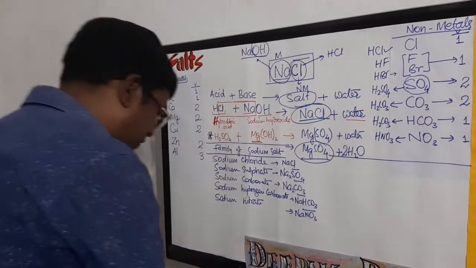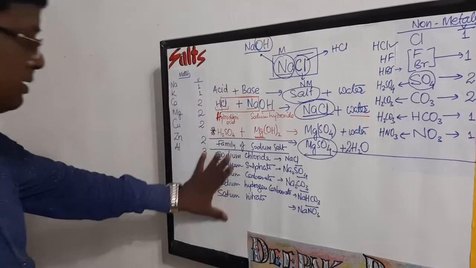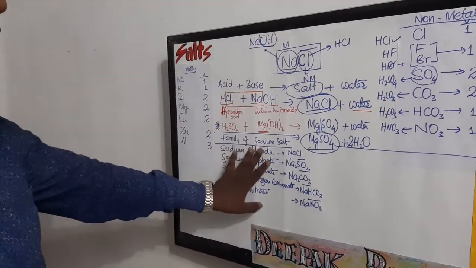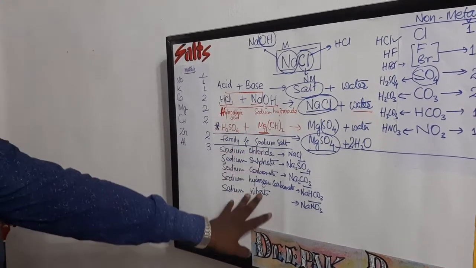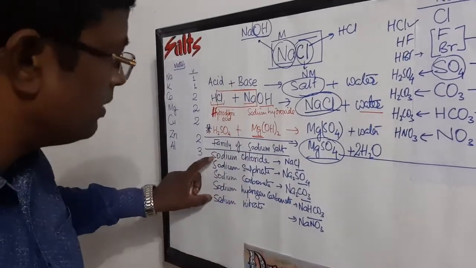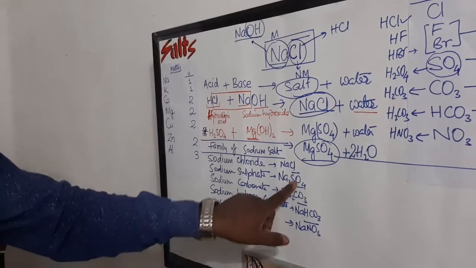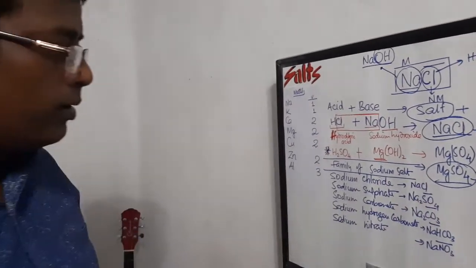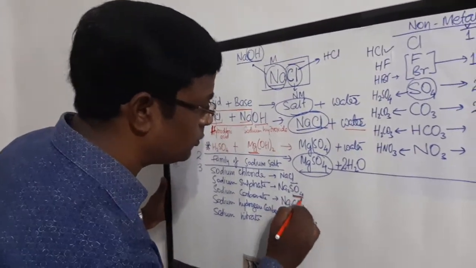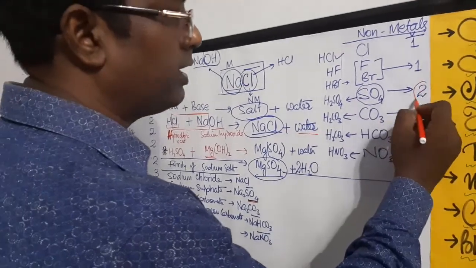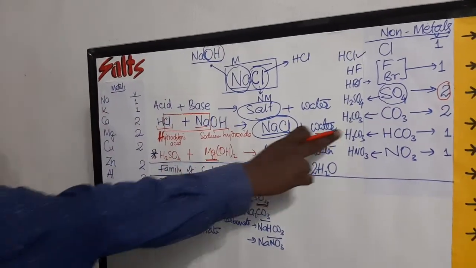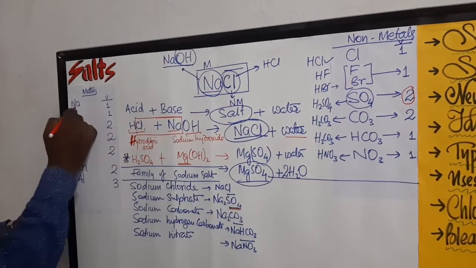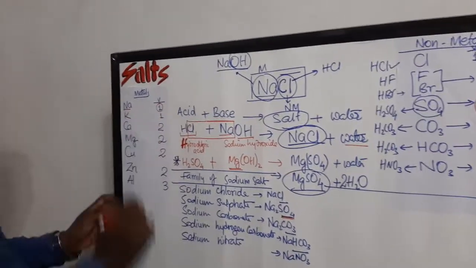What do we observe here? Sodium is common and only the anion parts are differing here. If you change the anion part and keep sodium common, we get the respective salt. Here, Na2SO4: sulfate has a valency of 2, but sodium has a valency of 1 here.